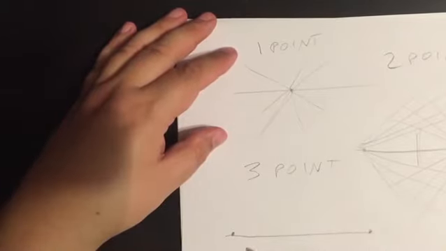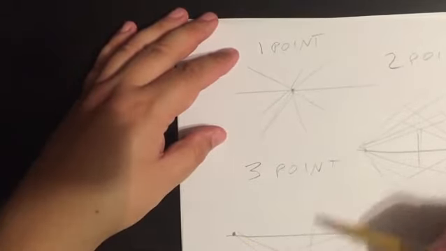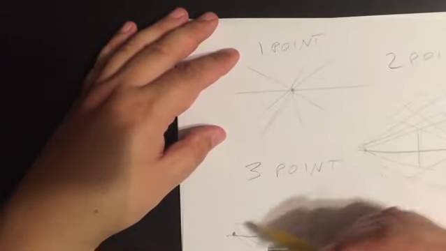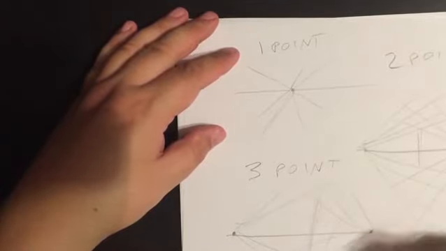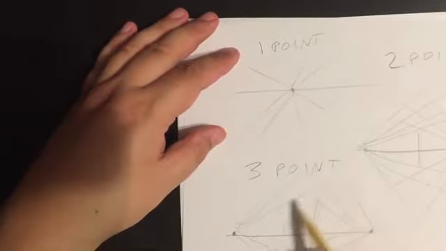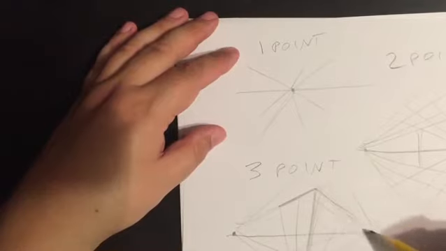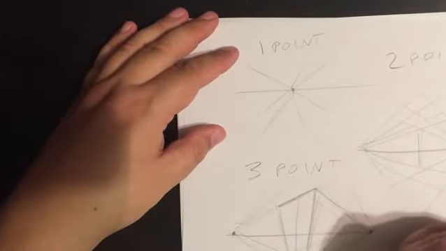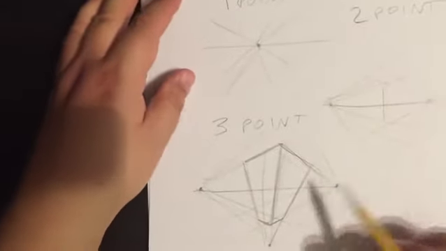And then if you start drawing your lines like so, if you set up a little mini grid for yourself, you will have this kind of a scenario where it looks like you're either looking up at something really tall or looking down at something from a high elevation. So it'll have that kind of distortion to it. All right, so that's 3-point.